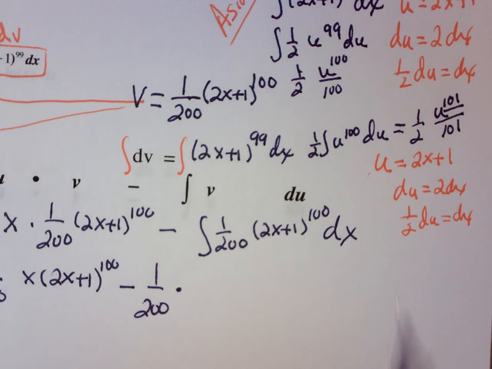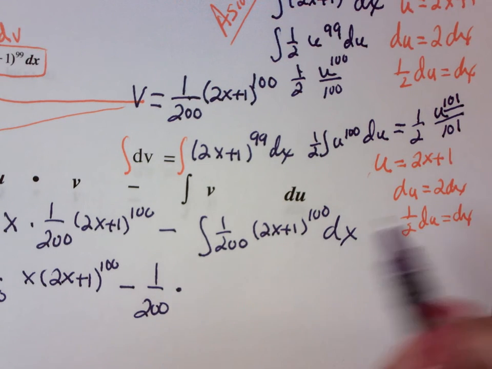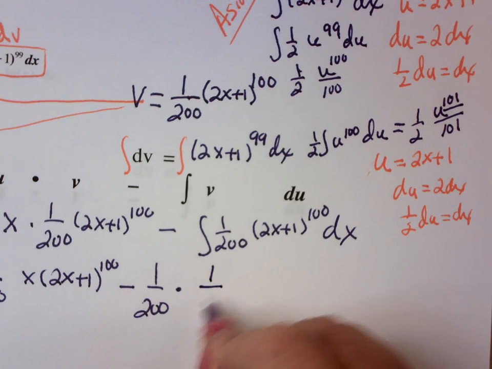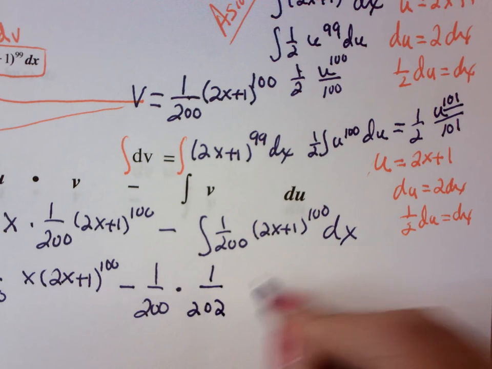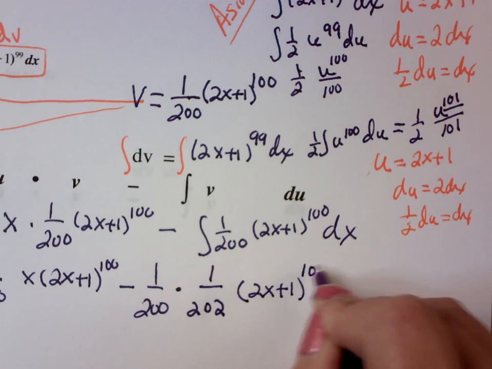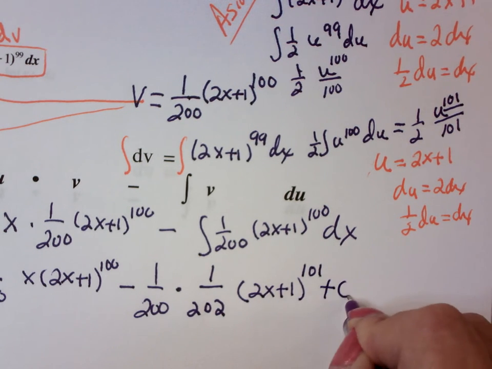So this guy comes down to, this is going to be 202, so 1 over 202 times 2x plus 1 to the 101 plus c.